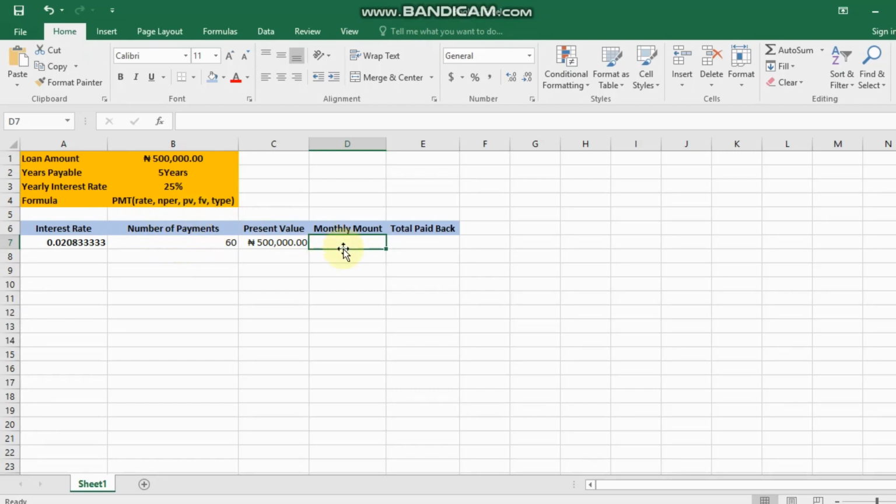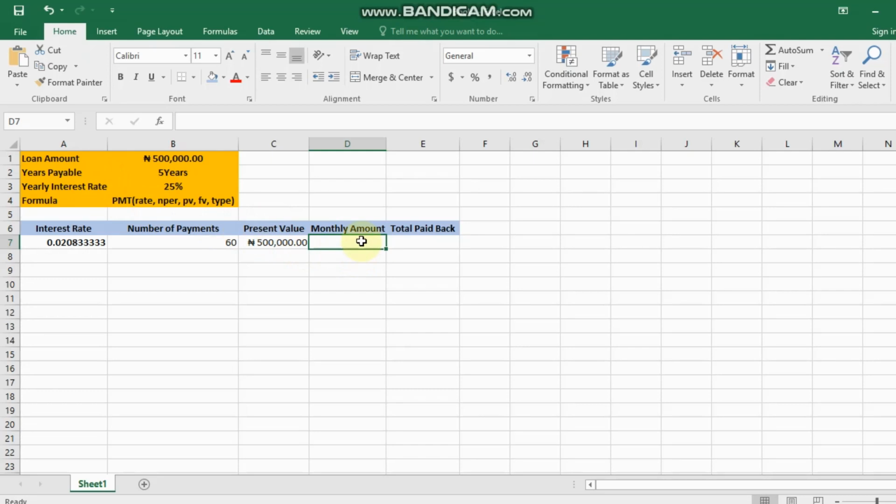Sorry, let me correct this. The monthly amount is what we need. So for us to get that, we have to input this formula here.